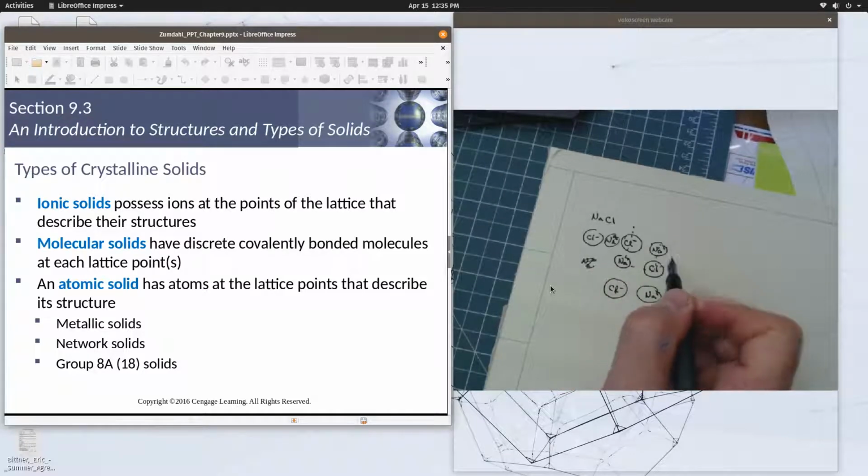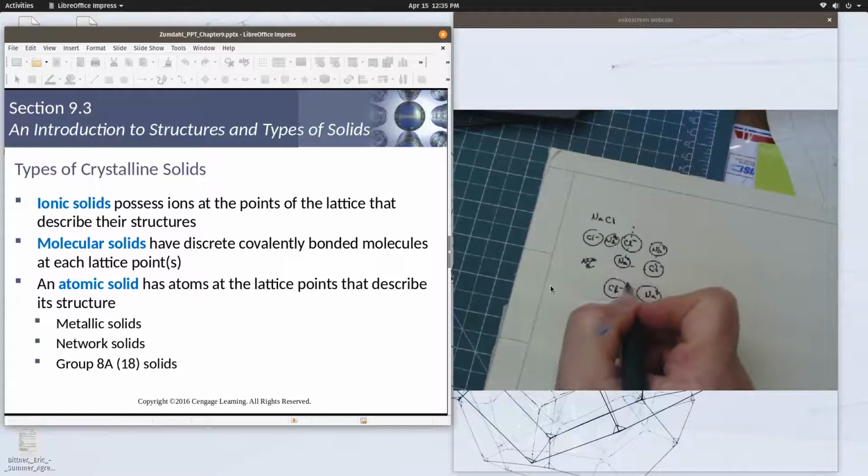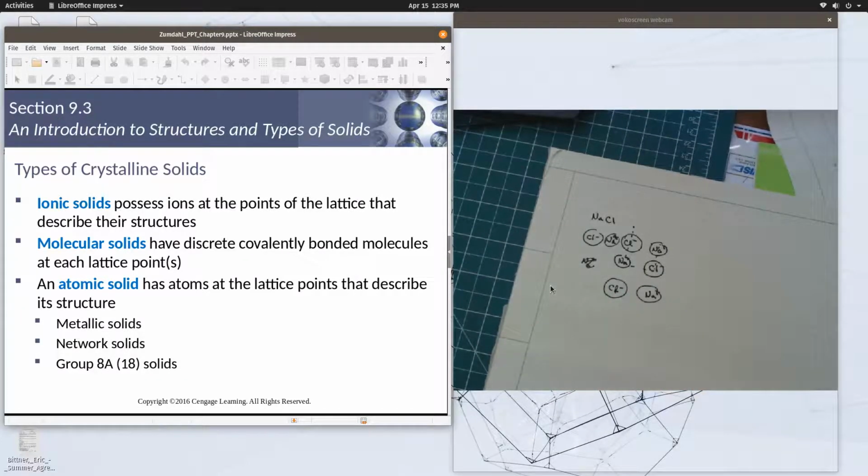In the sodium chloride or rock salt crystal structure, the net charge of a unit cell is exactly 0. I have to have the same number of positive ions as negative ions, otherwise I would have a buildup of charge in the system.